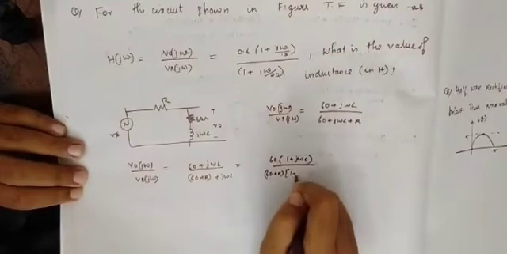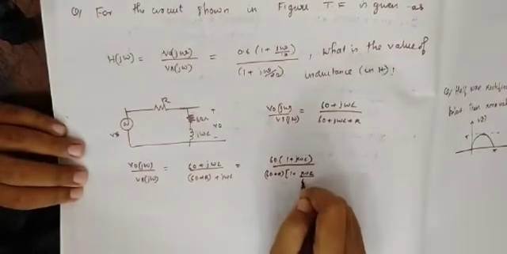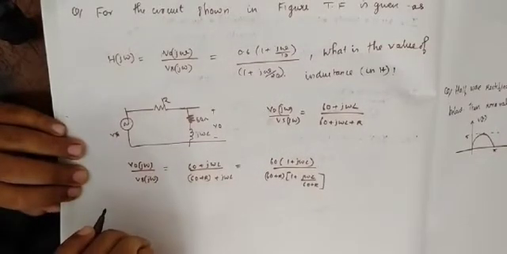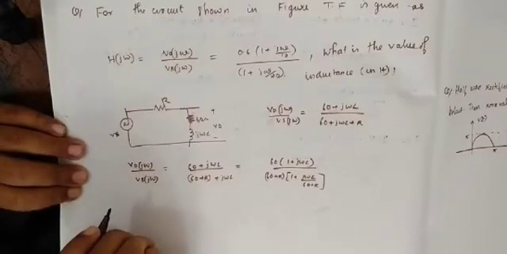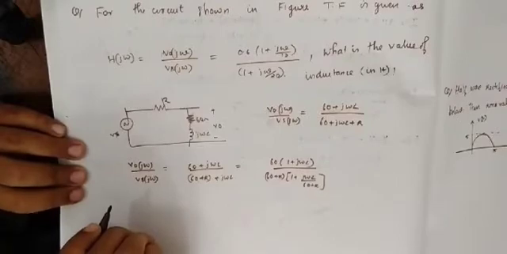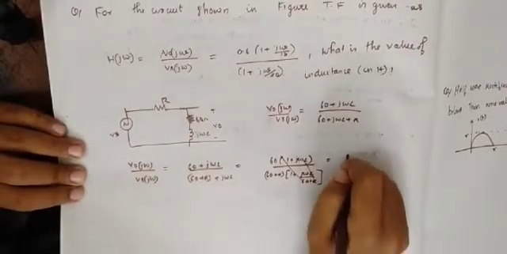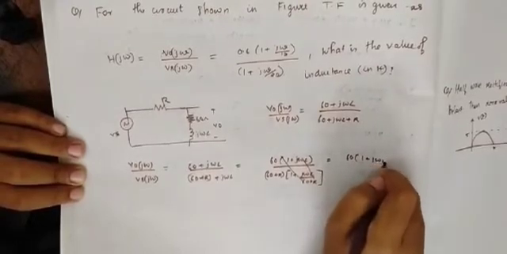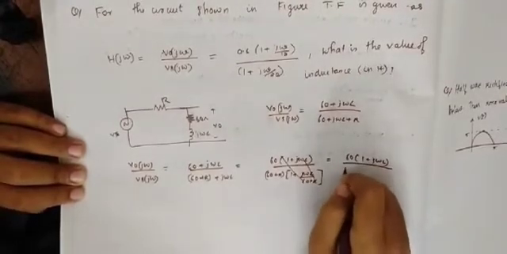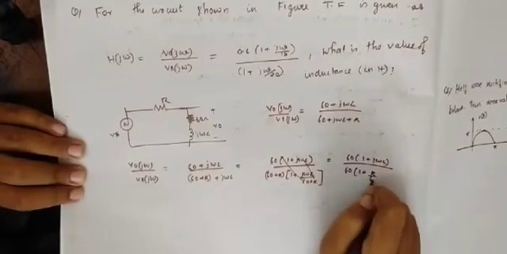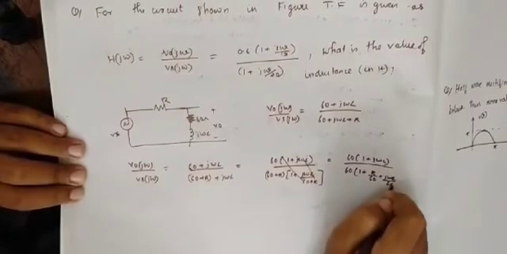So I'll take 60 from both the upper and downside: 1 plus j omega L divided by 60 over 60 plus R divided by 60 plus j omega L divided by 60.